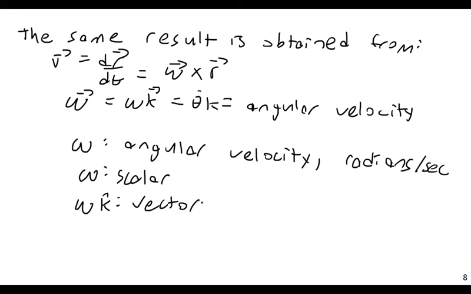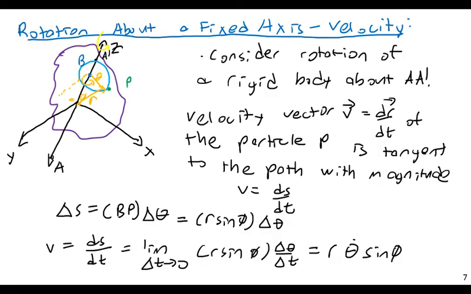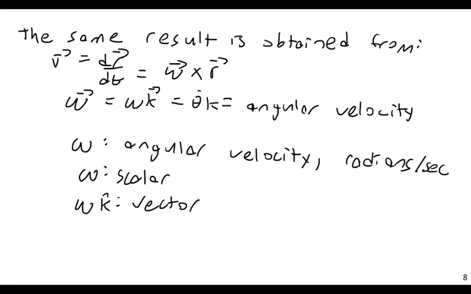Notice, what direction does that vector point? Let me draw this out. It was along the z. So if I had the z-axis here, and y and x.